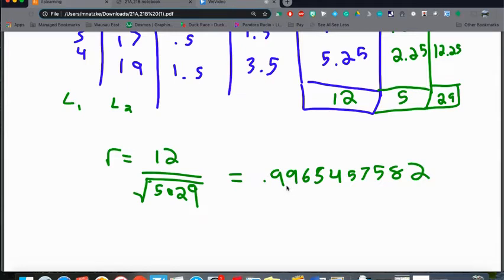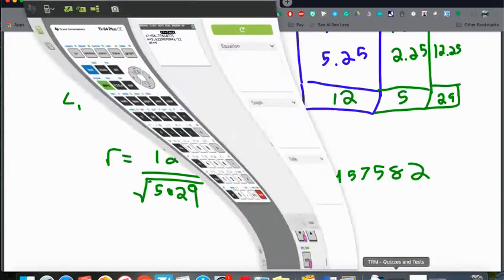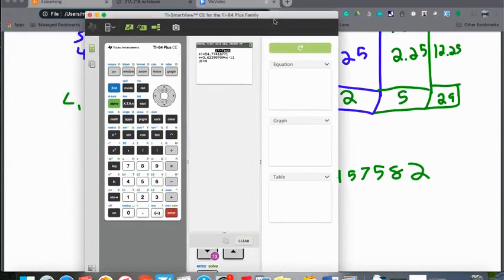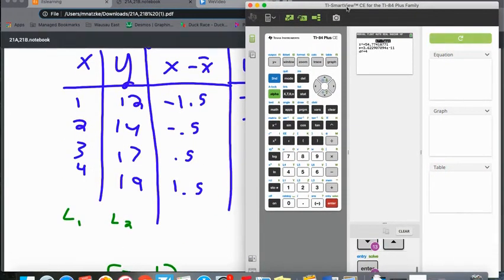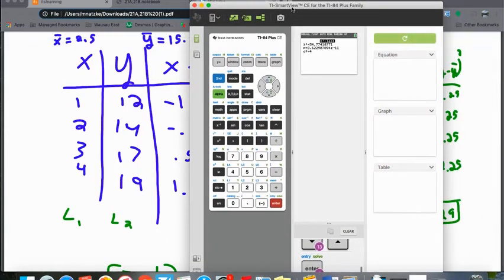Now here's how you do it on the calculator. So I got my calculator here. I got my XY list. First thing you need to do is turn your diagnostics on.